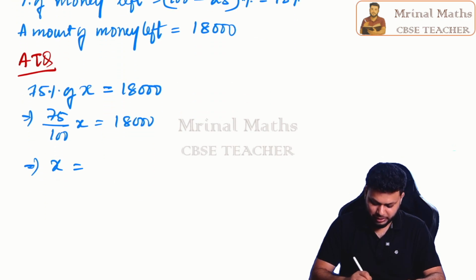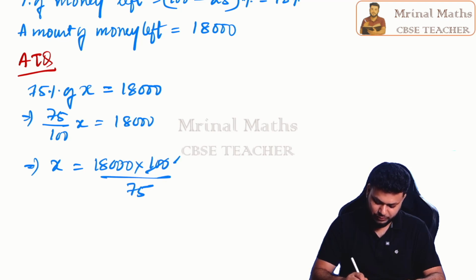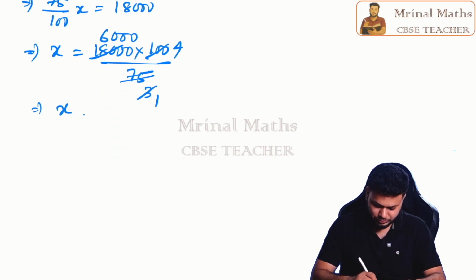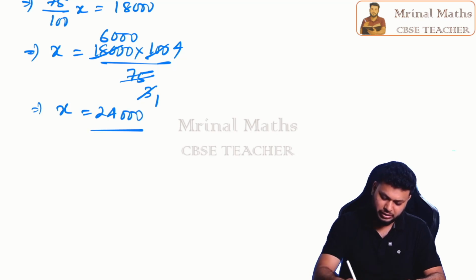So, cross multiplying. 25 fours are 100, 25 threes are 75, 1s are 3, 6 are 18. So, X equals 24,000.